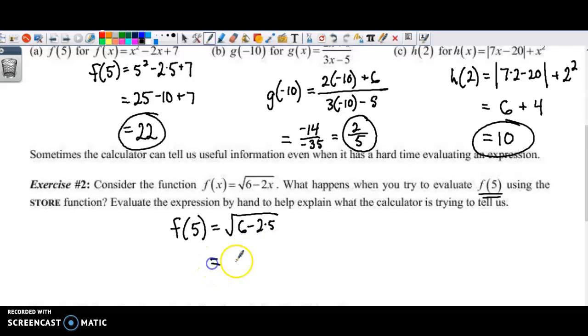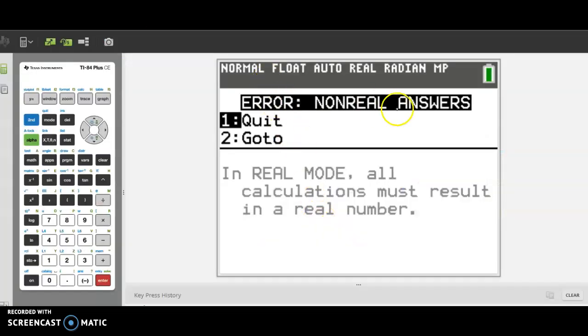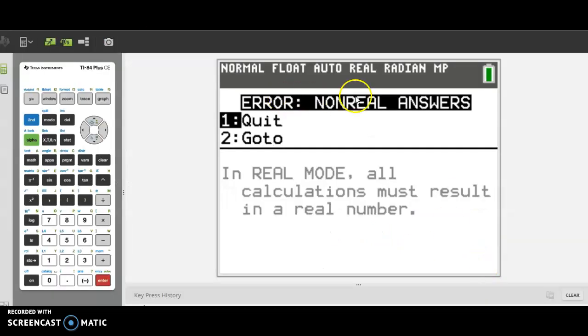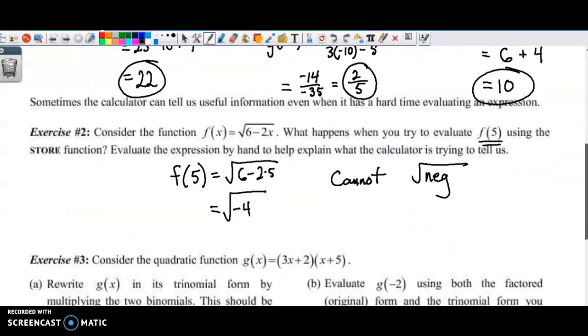We would get 6 minus 10, which is negative 4, and we cannot square root negatives. So what your calculator is trying to say is that we have a non-real answer, so there's no way of reducing this. We'll actually get a way of doing this with a non-real answer, and we'll touch upon that when we get to that section.